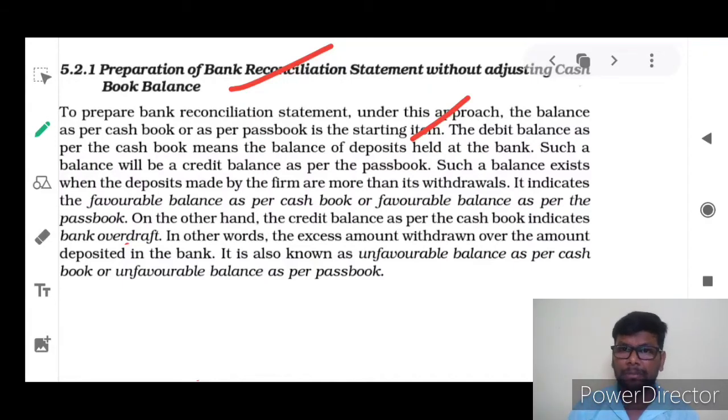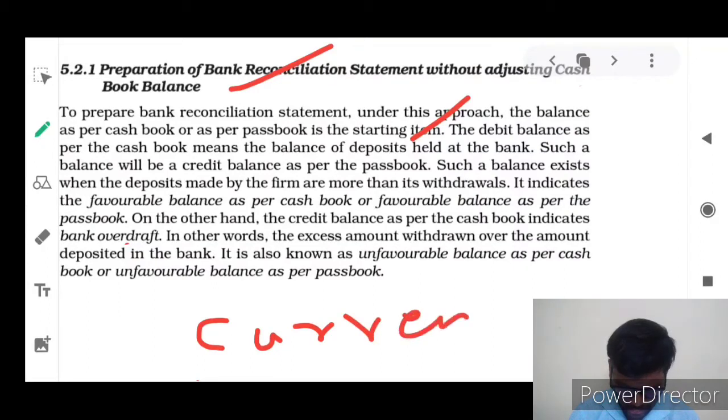Whenever we want, we can withdraw that money for our personal purpose, isn't it? If it is business, current account holder also they can withdraw for business purpose. If available only we can withdraw. If it is not available, what we will do? There will be an overdraft. So overdraft facility will be given by the banker only to the current account holder. Current account holder only can enjoy overdraft facility.